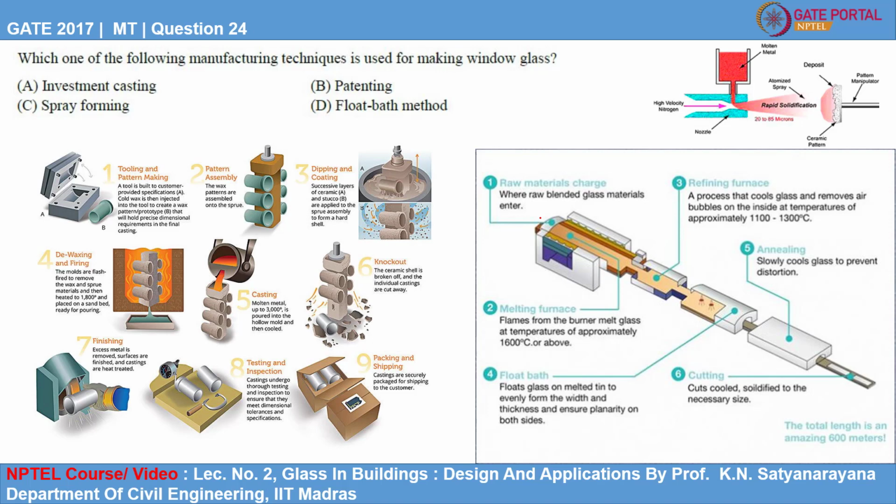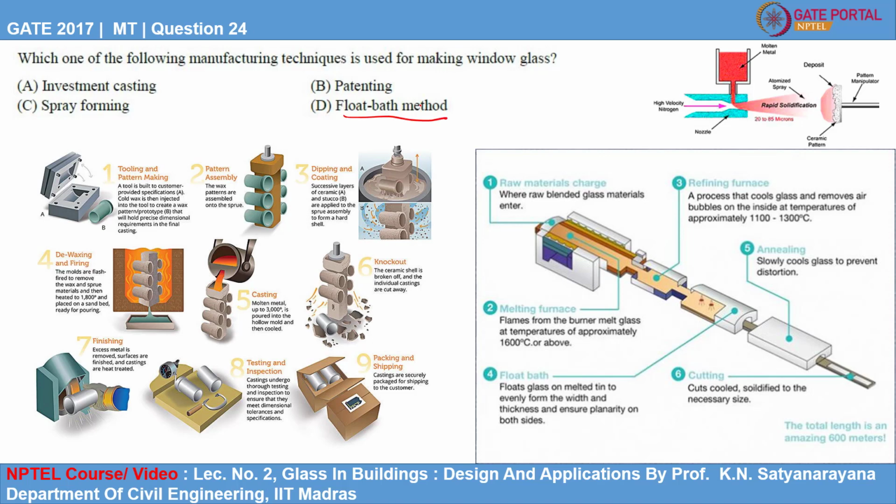thereby leading to the float bath. The glass floats on the melted tin to evenly form the width and the thickness and ensure planarity on both sides. Understand? So that is a float bath. That's where the term float bath comes into the picture.